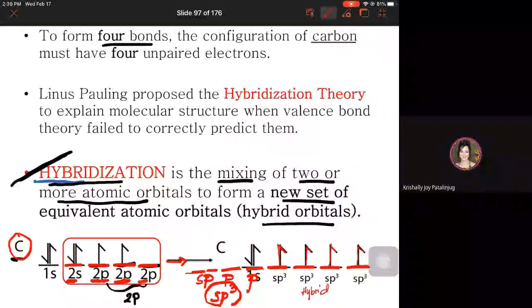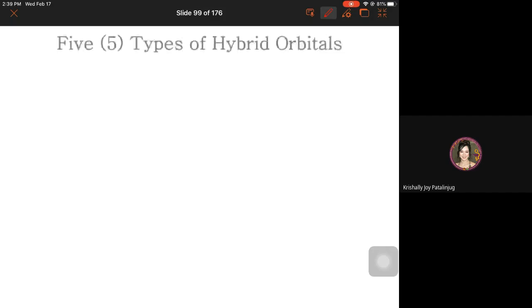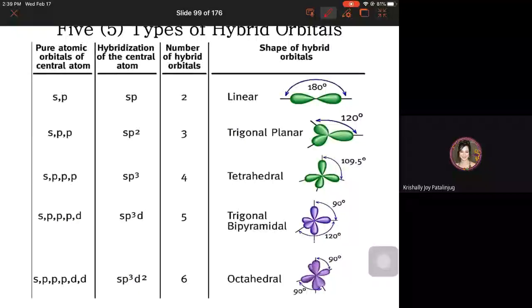Alright? So in general, there are actually five types of hybrid orbitals. Kasi naalala, meron tayong 5 geometric orientations. Related lang kasi sila.